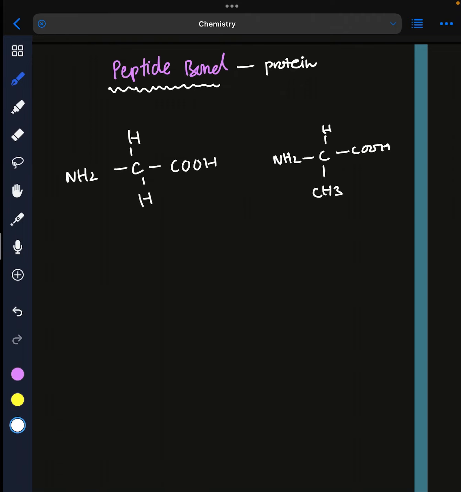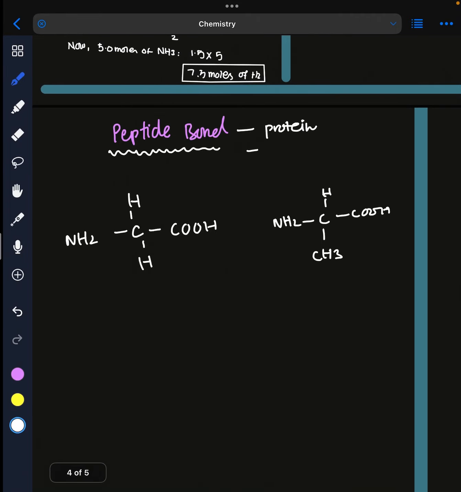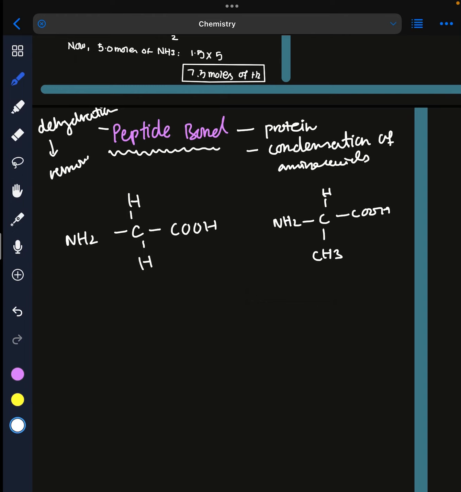Next, you have to prepare a peptide bond. Condensation of amino acids is your peptide bond. Now the peptide bond requires dehydration, which means removal of H2O.